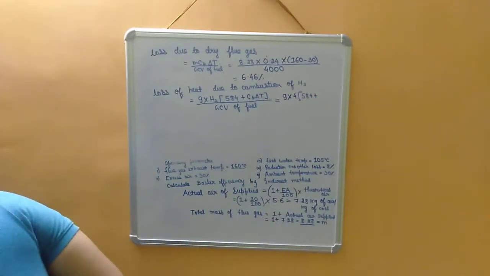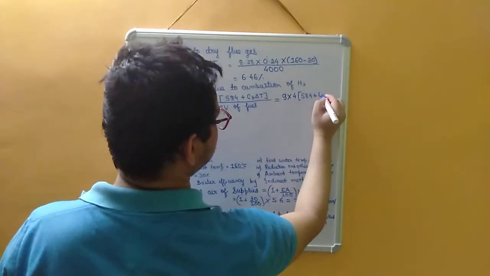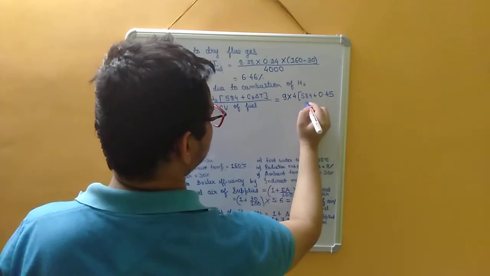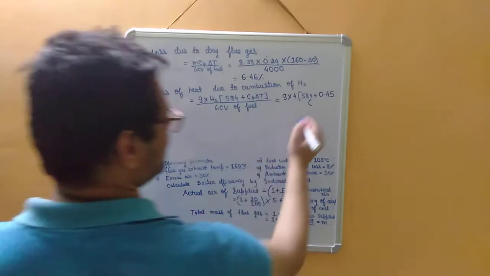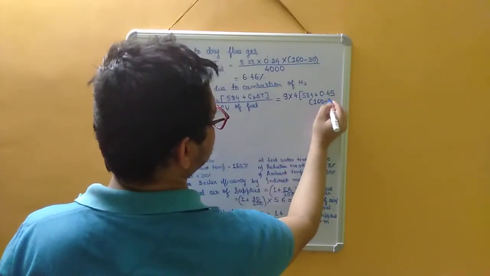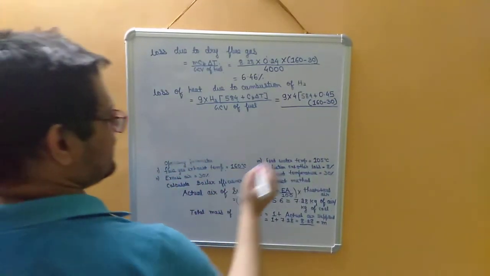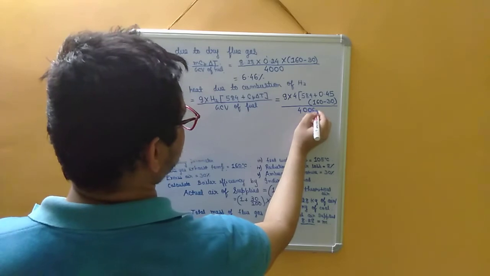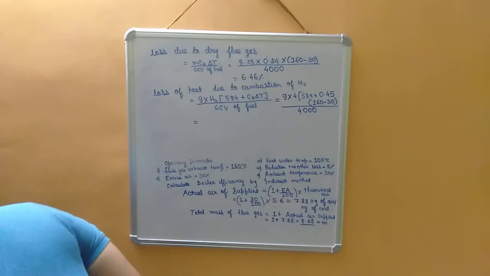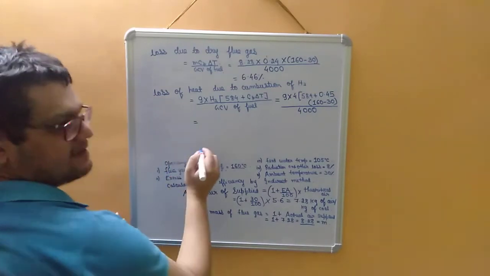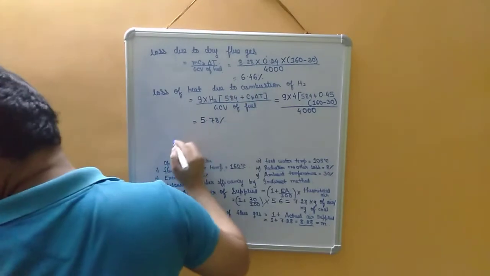The Cp value, the specific heat of hydrogen, was given earlier as 0.45, into del T. The change in temperature here is 160 minus 30, divided by the gross calorific value of fuel, that is 4000. Now we calculate this value and we get the answer, 5.78%. So now we have calculated this part.